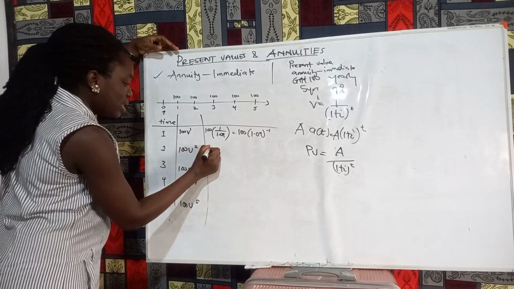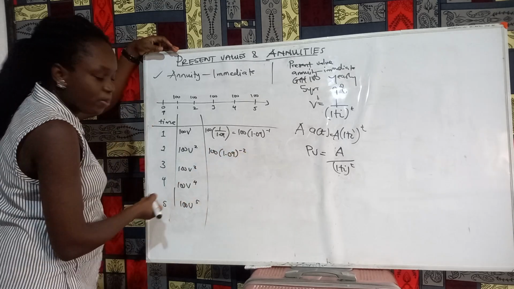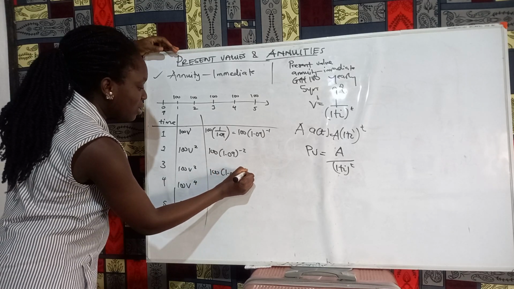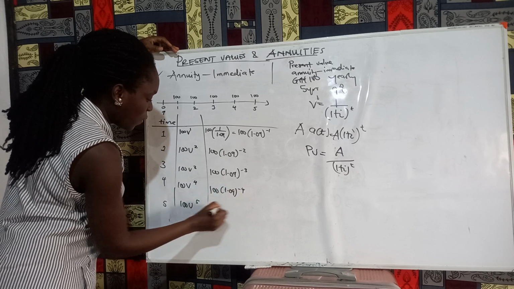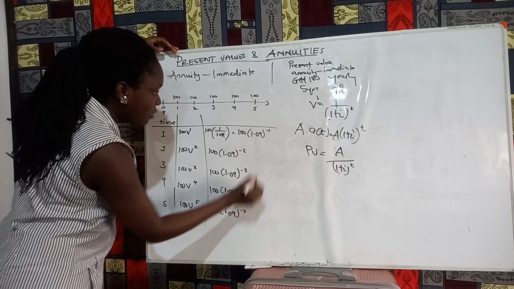So we can also write this as 100 times 1.09 to the power minus 2. Then 100 times 1.09 to the power minus 3, 1.09 to the power minus 4, 1.09 to the power minus 5.